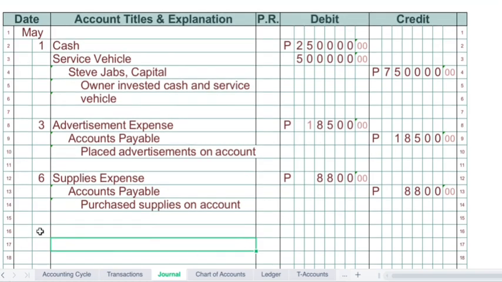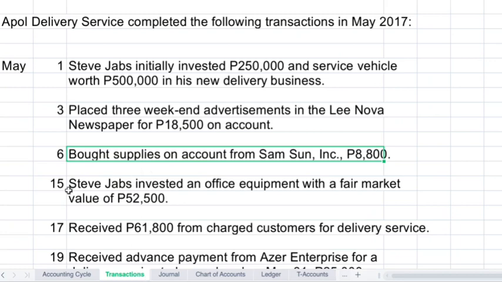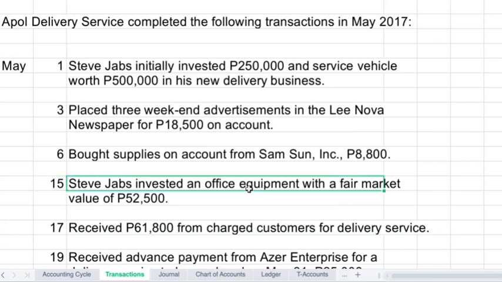Okay. Next, okay. We'll have May 15. So on May 15, Steve Jobs invested in office equipment with a fair market value of $52,500. So what are the accounts affected? So we have office equipment. So nadagdagan yung business ng office equipment. And then we have the word invested here by the owner, Steve Jobs.